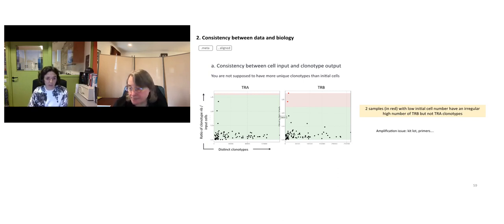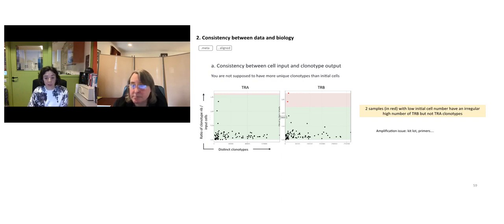And here is what is represented. When you look at the ratio between the number of clonotypes and the input cells compared to the number of distinct clonotypes, you should see at least one clonotype for one cell, regardless of the number of distinct clonotypes. And what you can see is that in this particular run, 2 samples had too many clonotypes while they have very few cells.